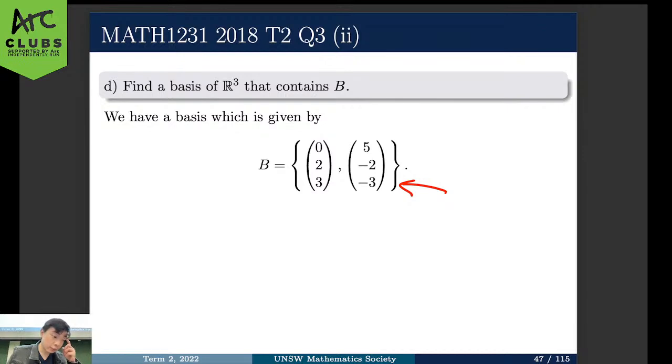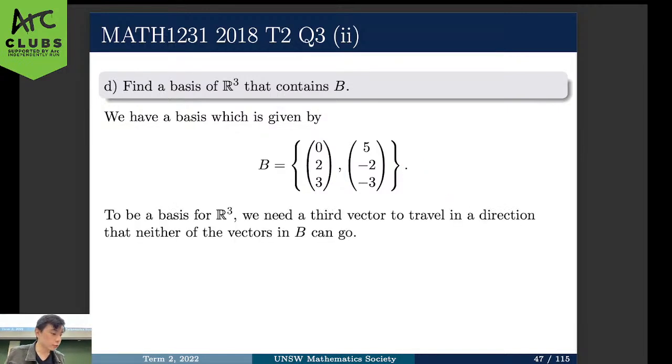But we know that two vectors can only span a plane when we consider their linear combinations. So we need a third vector which travels in a direction that is not traveled by this plane.